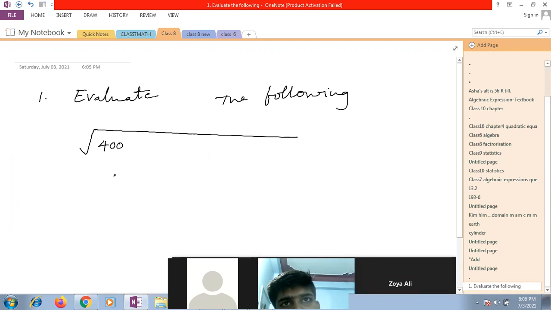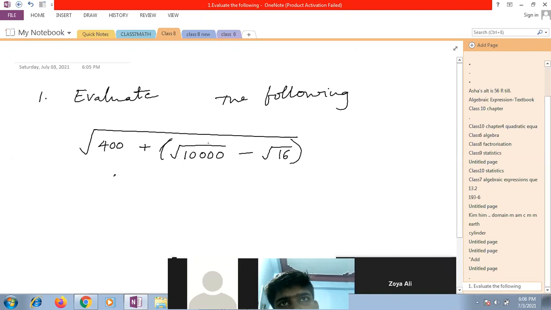Square root symbol. 400 plus, in bracket, the number is given as 10,000 minus another square root of 16, bracket close. You need to find the value of this.